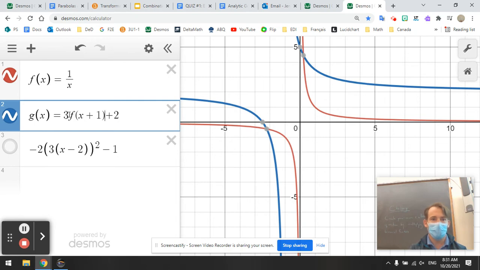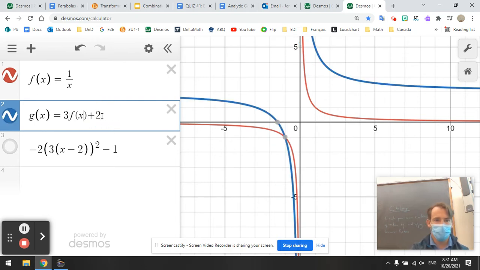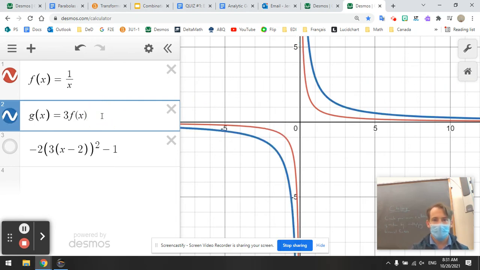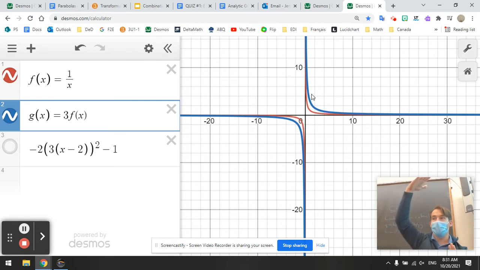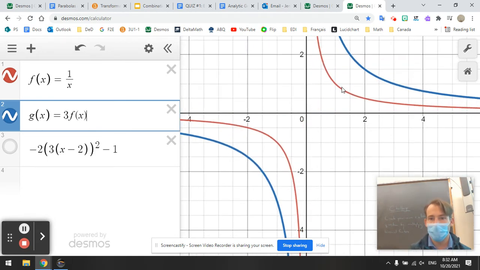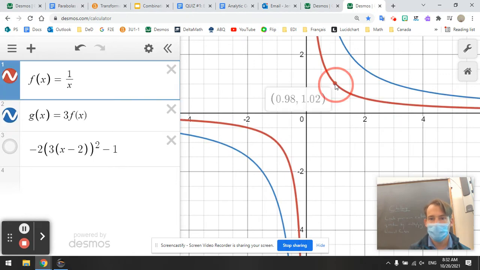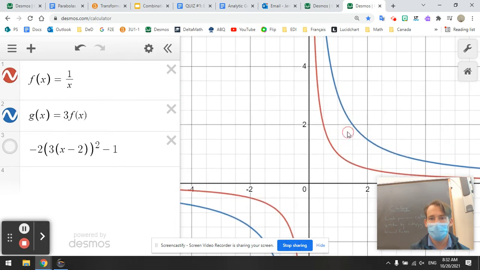Let's take a look at the different transformations in order. So this would be the function, but stretched by a factor 3. It's now 3 times bigger in the y dimension. If I look at a single point, for example, this is the point 1, 1. We should expect to find the point 1, 3 on this new function up here.